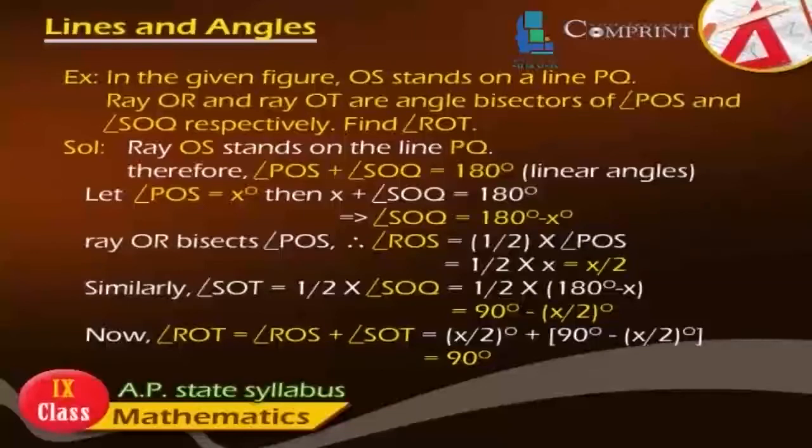Now, angle ROT is equal to angle ROS plus angle SOT equal to x by 2 degrees plus 90 degrees minus x by 2 degrees is equal to 90 degrees.